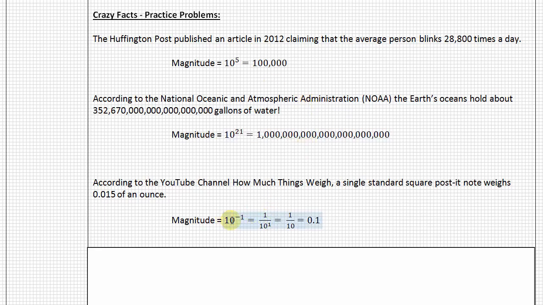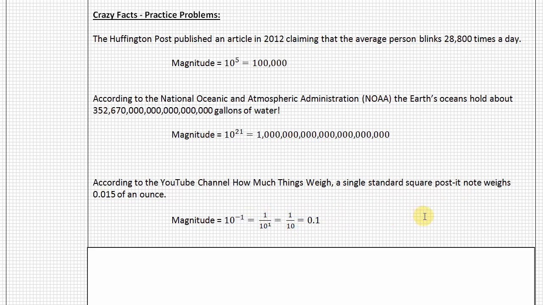So 10 to the negative first is equal to 1 over 10 to the first power. And anything to the first power is just itself. So the magnitude of the weight of a Post-it note is 1/10, or 1 over 10 to the first power.